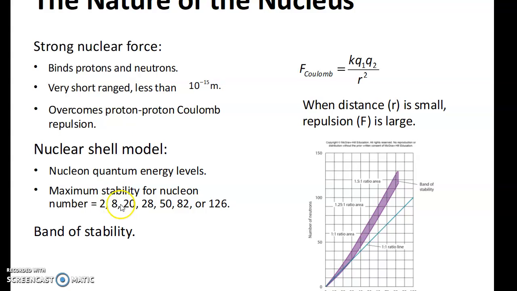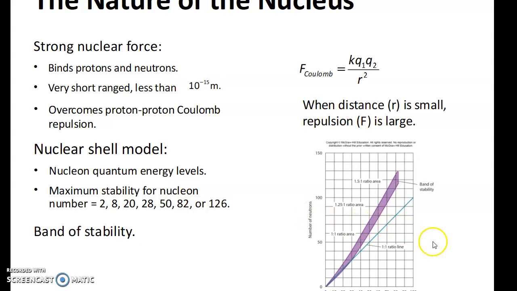And depending upon where you are in the periodic table, as you get to higher and higher levels, the maximum stability for the nucleon number has a certain value. So there's a band of stability associated with this.